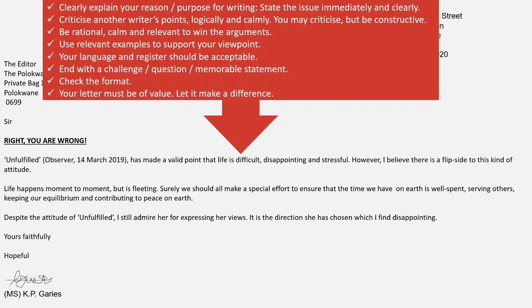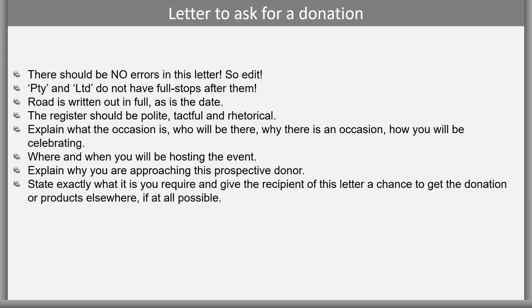And finally, a letter to ask for a donation. The letter must be error-free. The registers should be polite, tactful, and rhetorical. Explain what the occasion is, who will be there, why there is an occasion, and how you will be celebrating.